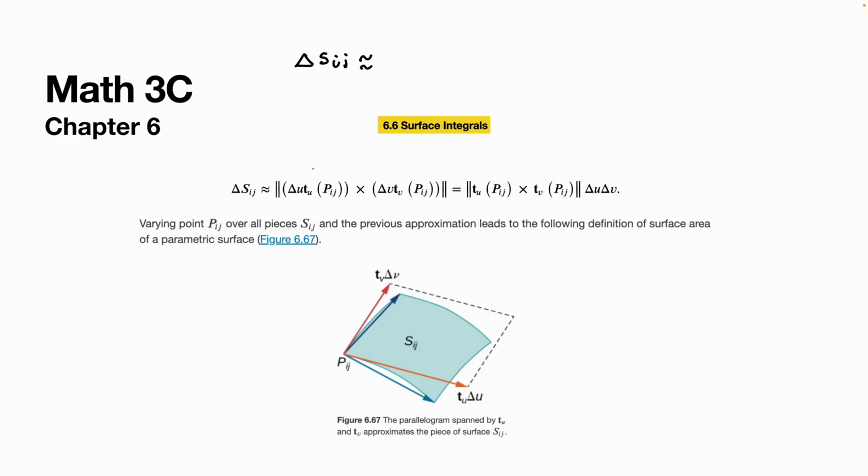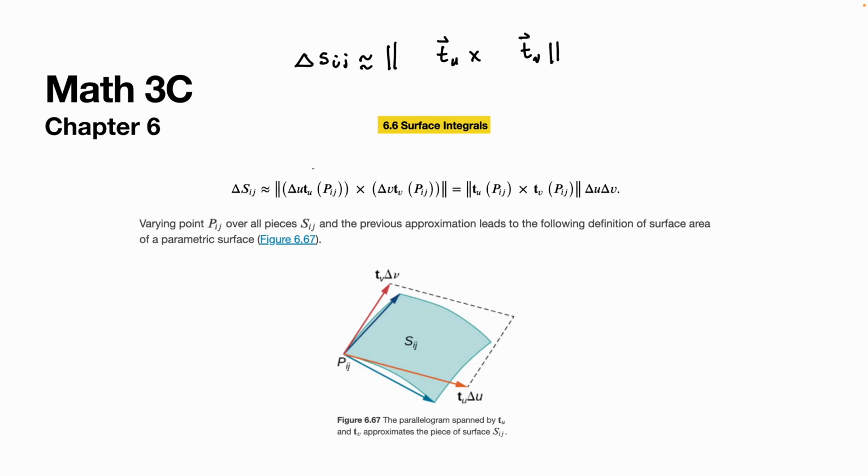And that area of the parallelogram is found by taking the magnitude of the cross product. And then the direction that we want to look is in the tangent direction of the grid curve where u changes, and in the tangent direction of the grid curve where v changes.